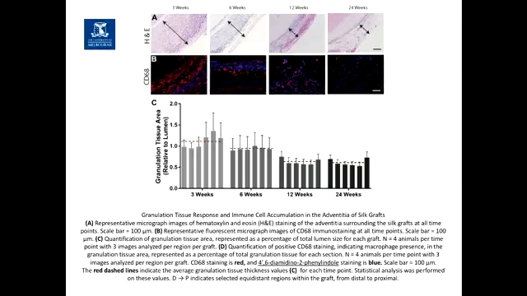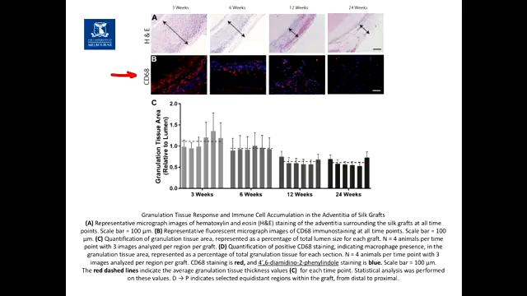Where it says CD68, CD68 is a marker on macrophage cell surfaces. So here, where you see red, it's where macrophages are. So if you look at the amount of red on these images, there's a whole lot. At 3 weeks, okay, there's going to be a big inflammatory response, but is that sustained or does that start to go away over time?